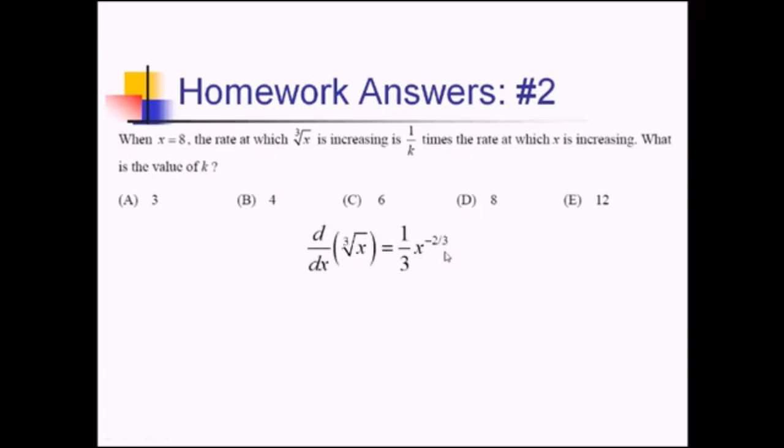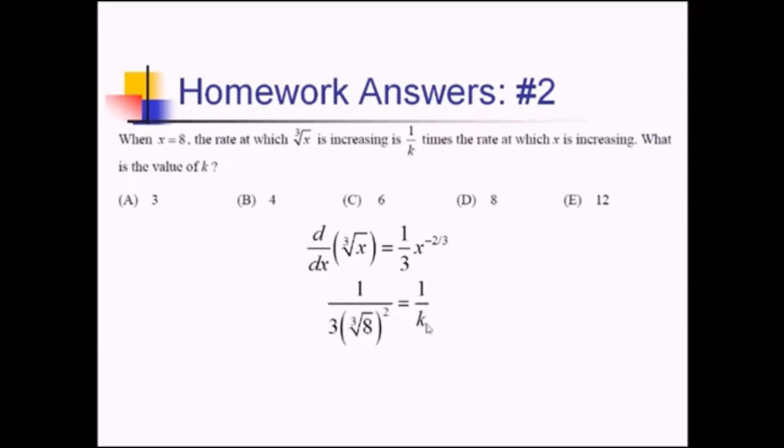Now they're telling us that when x is 8, this rate of change should be 1 over k times the rate that x is changing. Well, let's plug in 8 for x and then set that equal to 1 over k. I'm going to make this in fractional radical form, so I can write 1 over 3, and then I'll have the cube root of 8 to the second power.